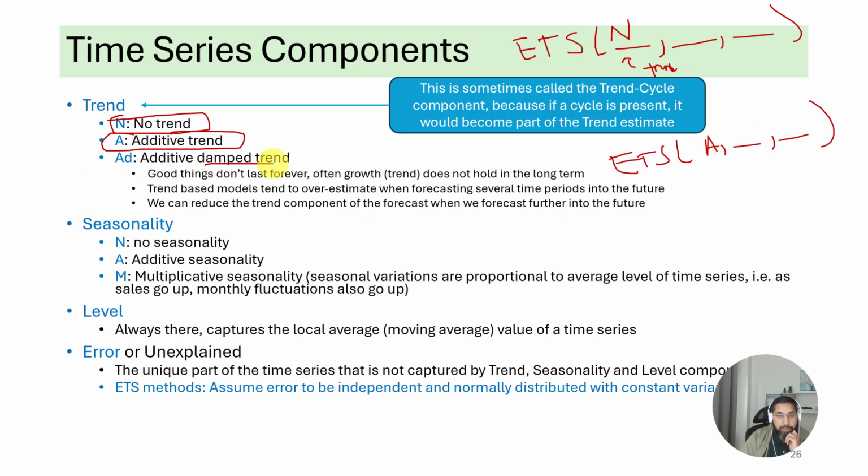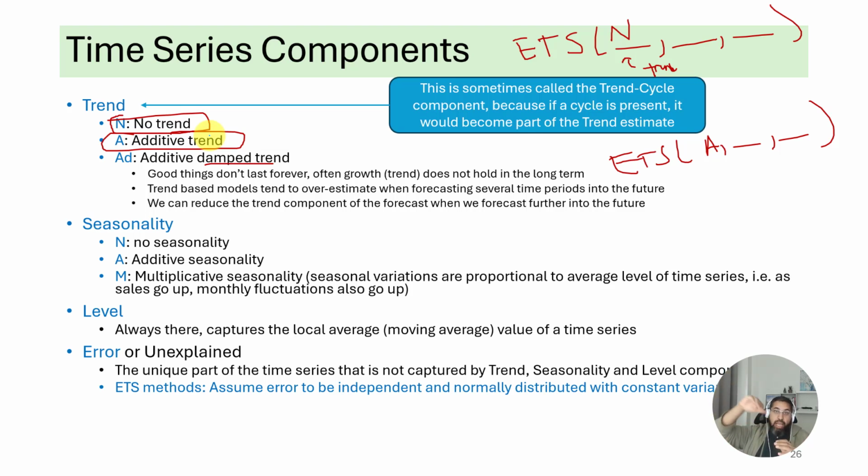And if you want to dampen the trend, remember I talked about this idea: if you're forecasting several months in advance or several years in advance, and you have a spurt of growth right now, and remember all of these methods prioritize the recent past. If you had a spurt of growth, exponential smoothing, ETS methods will say, oh, trend is going through the roof, but maybe you suspect this spurt of growth is not going to last forever.